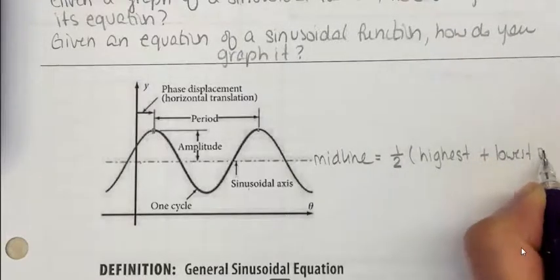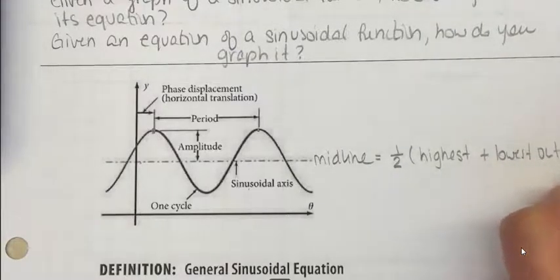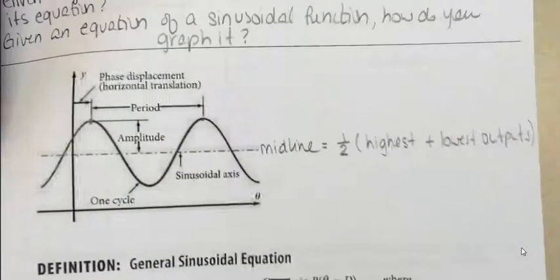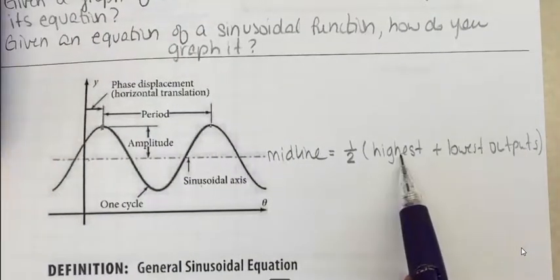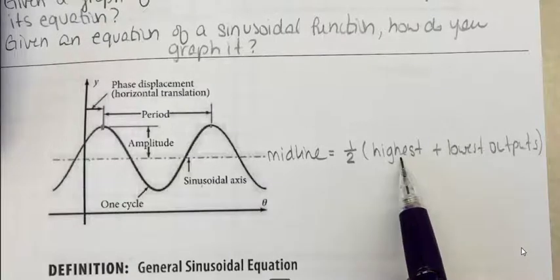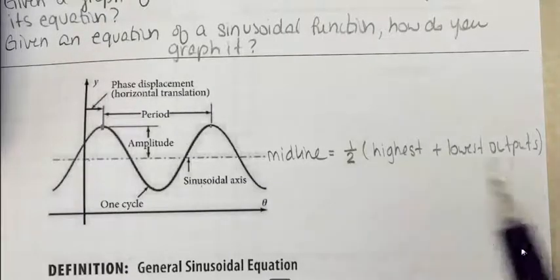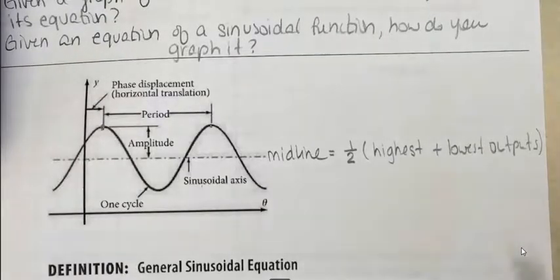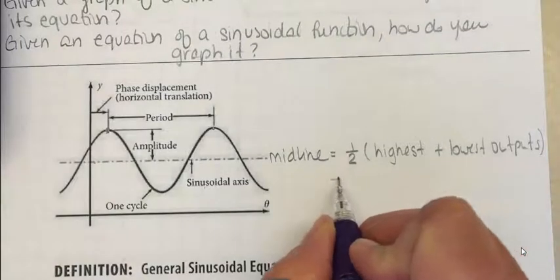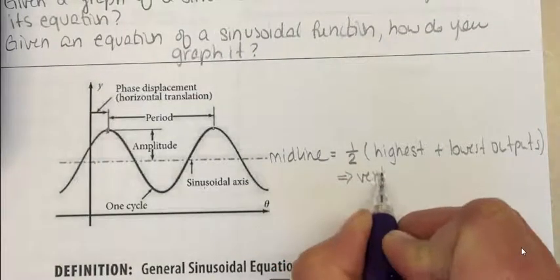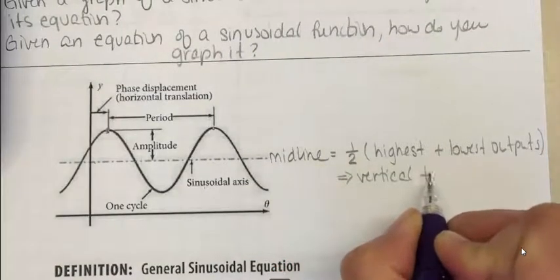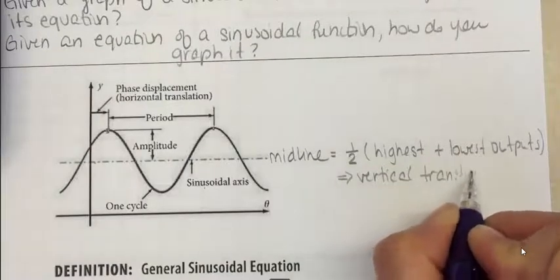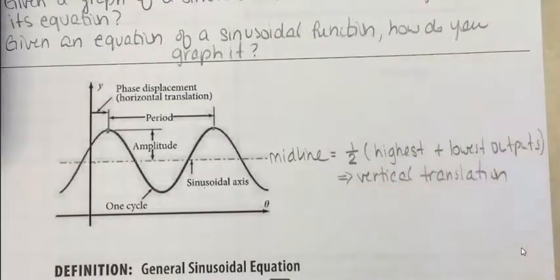Those are outputs that I'm talking about, so y values. So it's the highest and the lowest output divided by 2. Think of it like a midpoint, okay? And this ends up giving you the vertical translation, or the vertical translation will tell you where this midline is going to be.